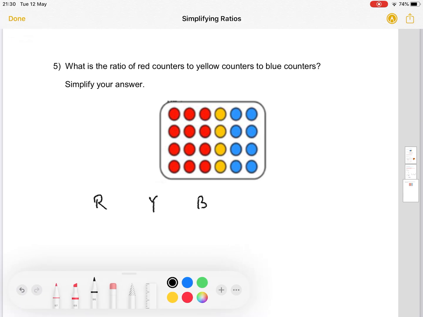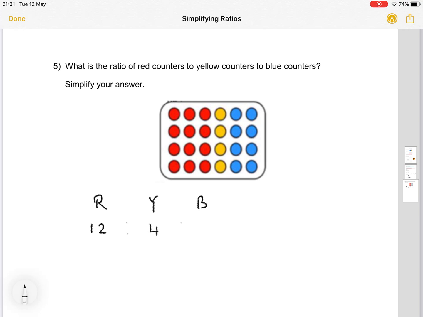For red, I have 3 by 4, it's 12. Yellow, I have 4, so 12 is to 4 is to, and blue, I have 2 by 4, it's 8. 12 is to 4 is to 8. Now, the highest common factor of 12, 4 and 8 is 4 itself.